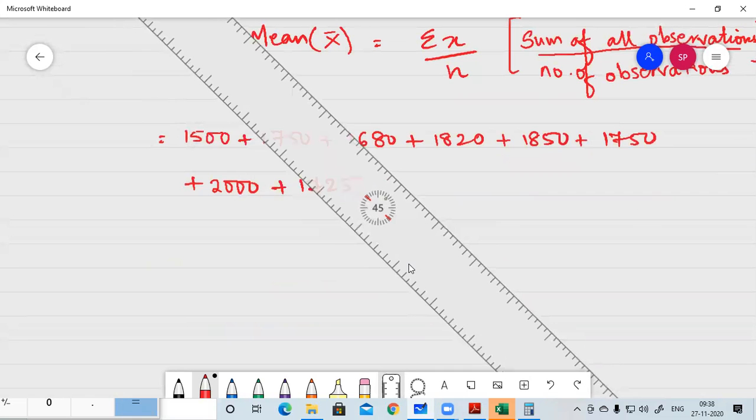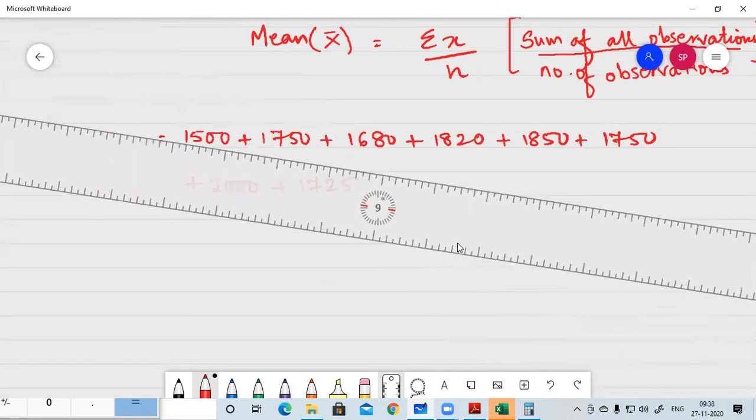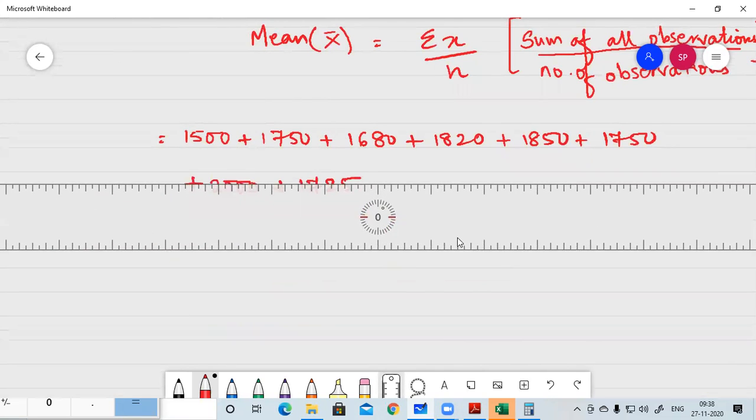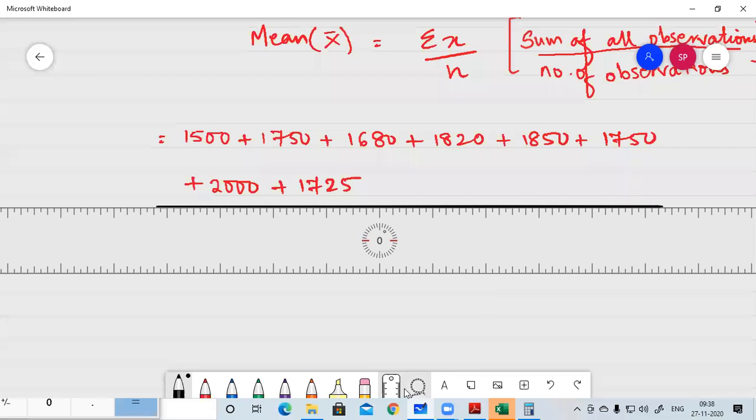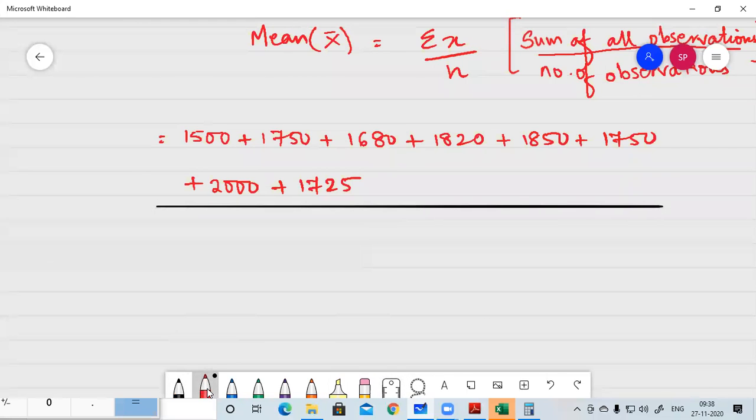This has to be divided by the number of observations. How many observations in all we have here? 1, 2, 3, 4, 5, 6, 7, and 8. Yes, sir, 8. So divide by 8.